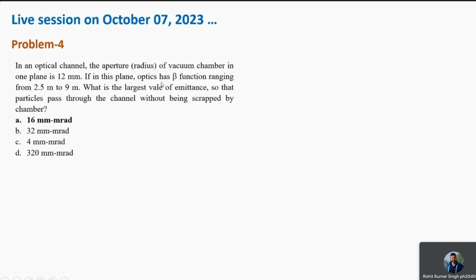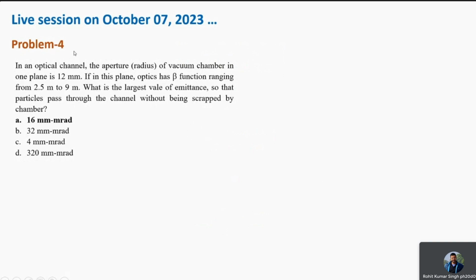If in this plane, optics has beta function ranging from 2.5 meter to 9 meter, meaning we have a vacuum chamber of the same radius throughout the synchrotron or some accelerator, and beta on the periphery varies from 2.5 meter to 9 meter. What is the largest value of emittance so that particles pass through the channel without being scraped by the chamber?